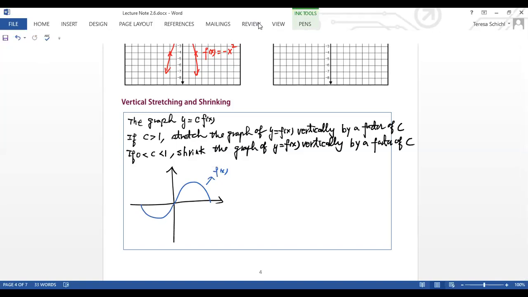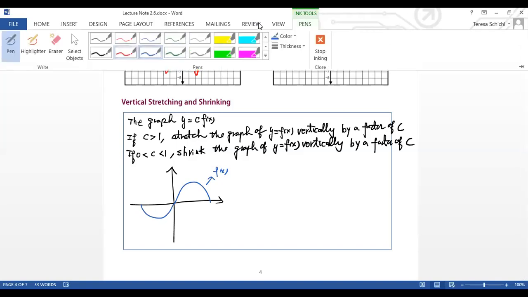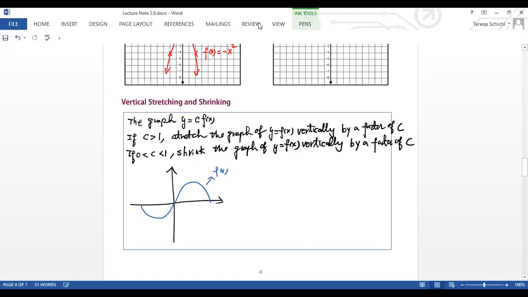If I multiply by something greater than 1, for example 1.5, that means all these points are going to be 1.5 times the original points. But for those points at 0, 0 times 1.5 is still 0. So your graph is going to look something like this.